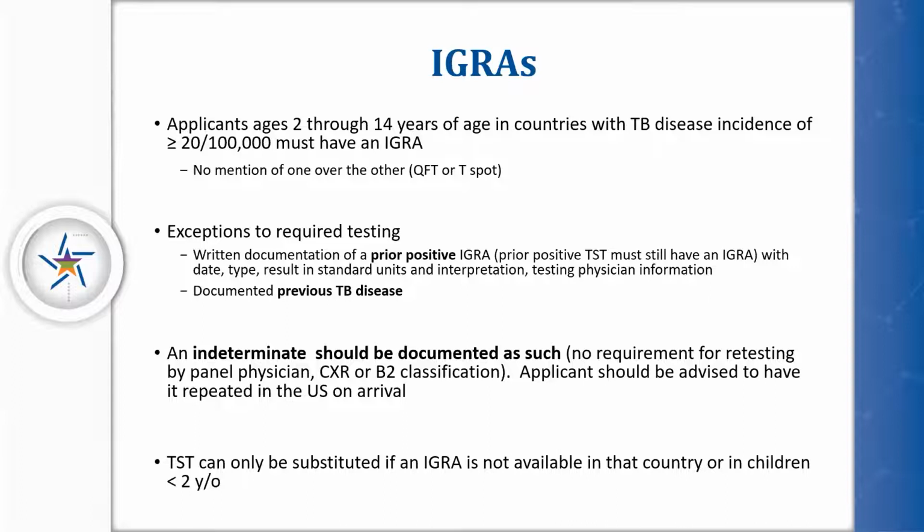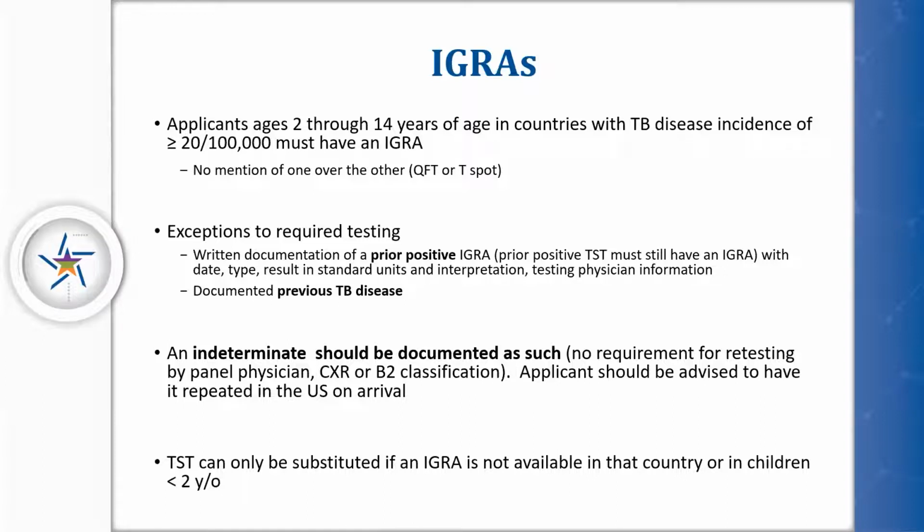The exceptions to required testing with an IGRA: written documentation of a prior positive IGRA. If there's written documentation, it must include the date, the type, the result in standard units, the interpretation, and the testing physician information. It can't just be a verbal report that they had a prior positive.